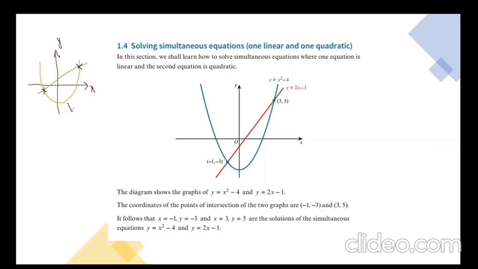The curve is y equals x square minus 4, and the equation of the line is y equals 2x minus 1. The points are 3, 5, this point is 3 and 5, and this point is minus 1, minus 3.